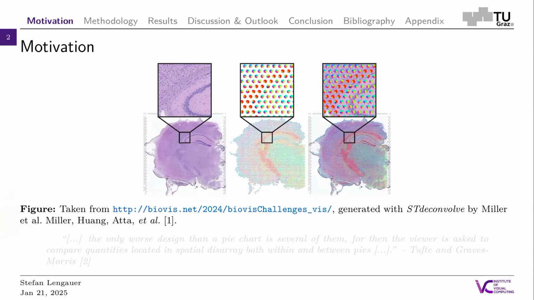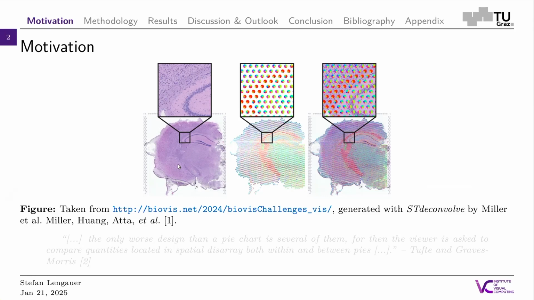Depending on the technique, the resolution can vary from subcellular over single cells over spots, which represent multiple cells. And in the given challenge, we look at the latter case, namely that such spots represent multiple cells, which can also be superimposed to a corresponding hematoxylin and eosin stain of a tissue sample. That's the orange-violet stuff you can see here.